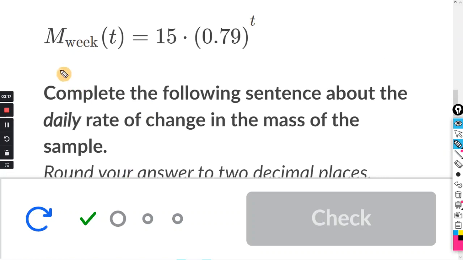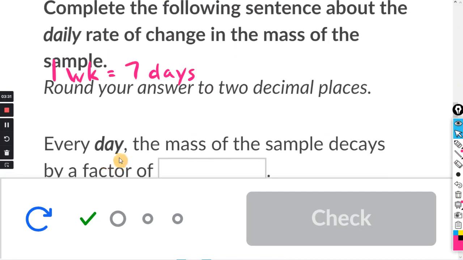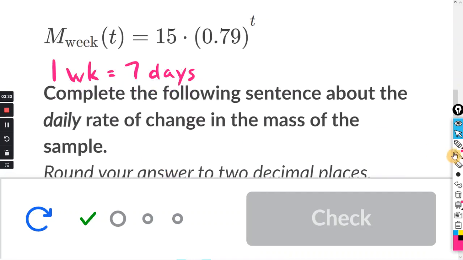Once again, like before, we know that 1 week is equivalent to 7 days. But in their question, they're asking us for every day or just 1 day.